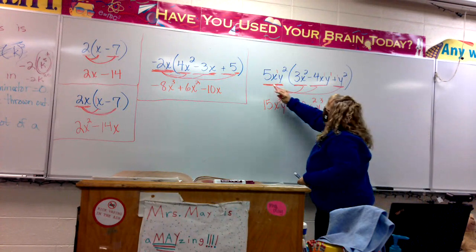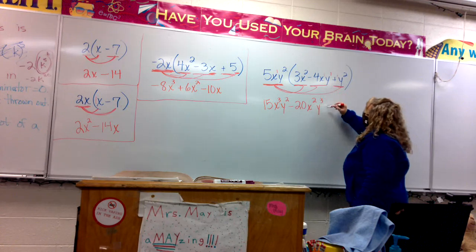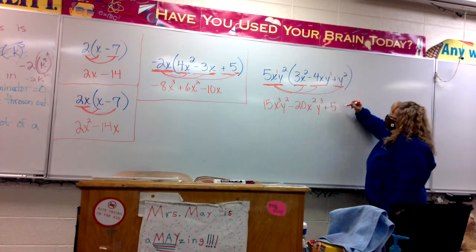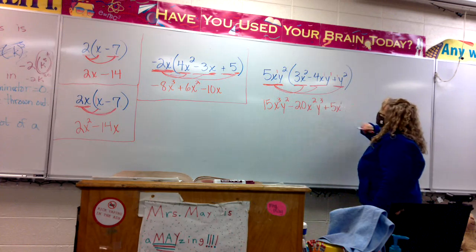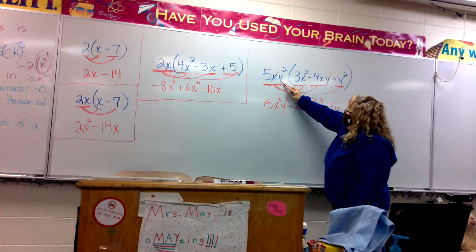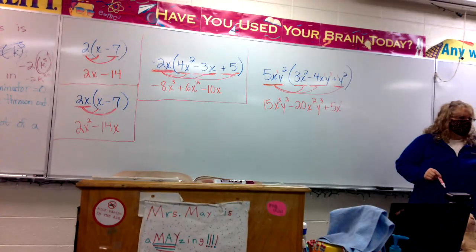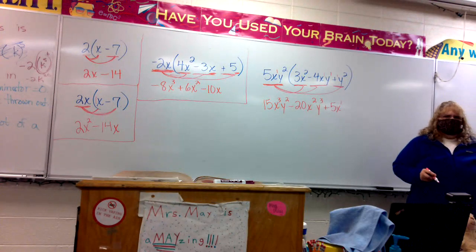What's 5 times 1? And then I have an x to the first, but no more x's, so just x to the first, a y to the second, and another y to the second. How many y's altogether, everyone? That wasn't everyone. How many? 4.